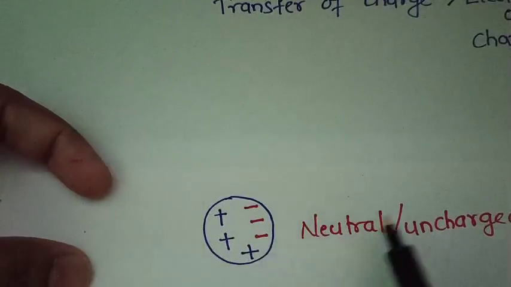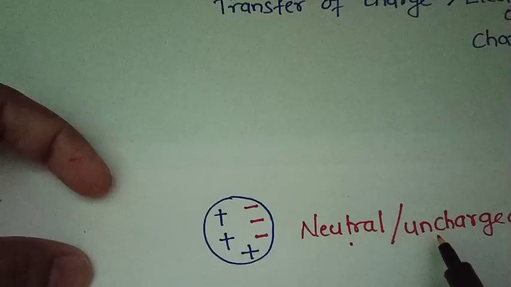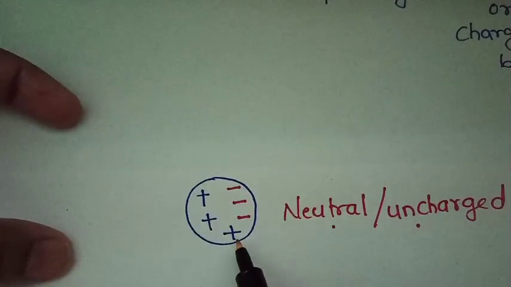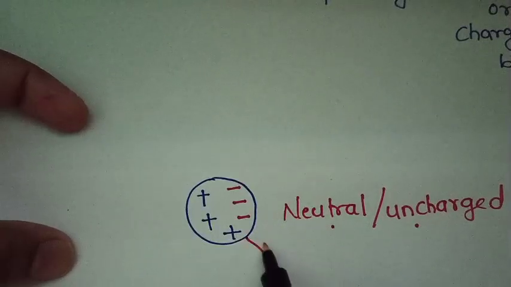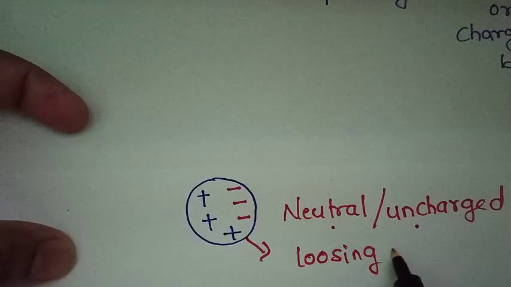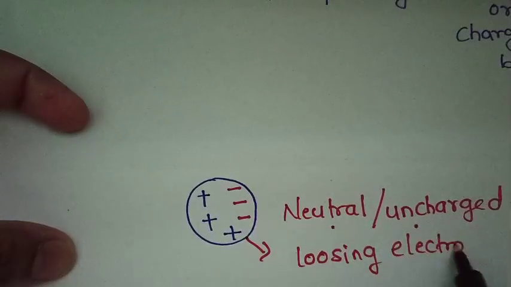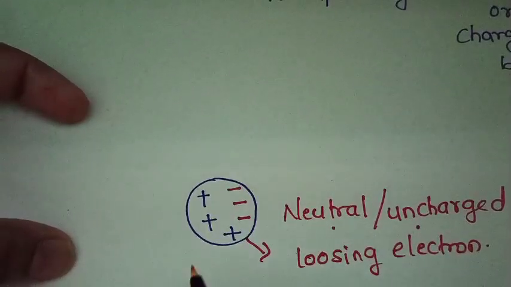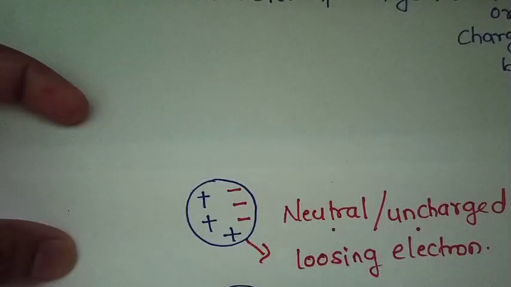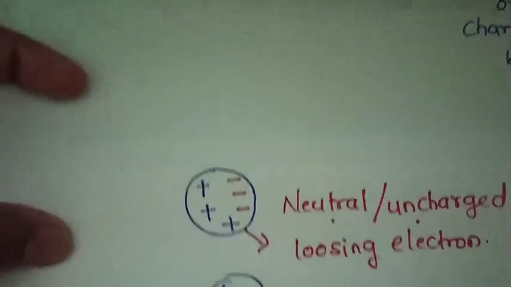If that is the case, then such bodies are neutral, or uncharged. If this body is losing electrons, then definitely the number of positive charges in this body is increasing because the number of electrons is decreasing, as electrons are lost.